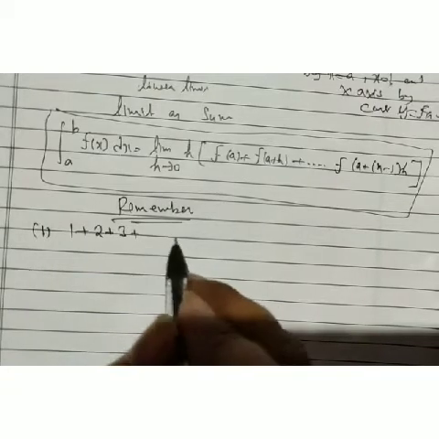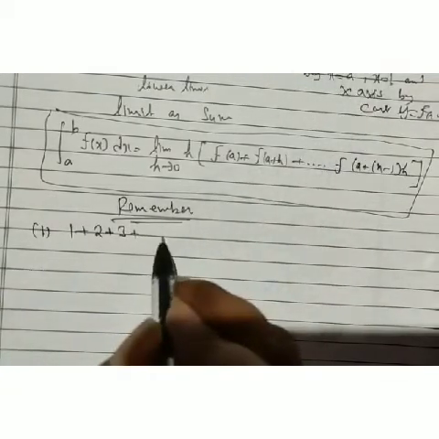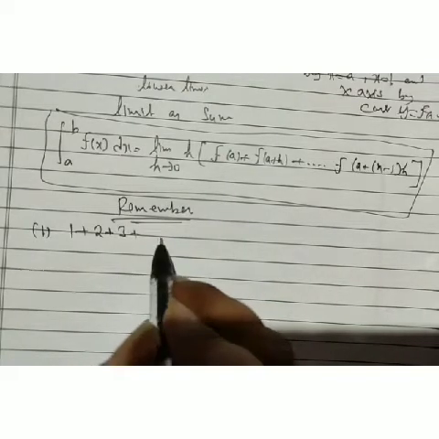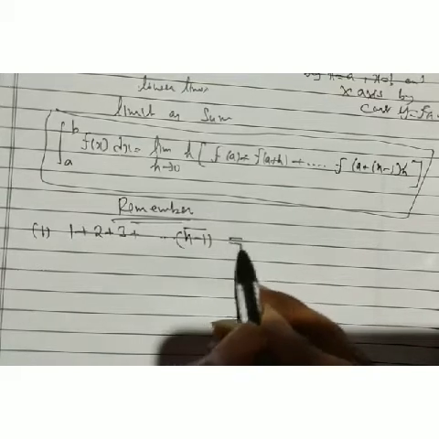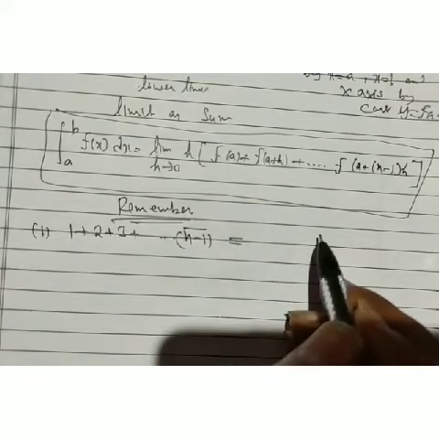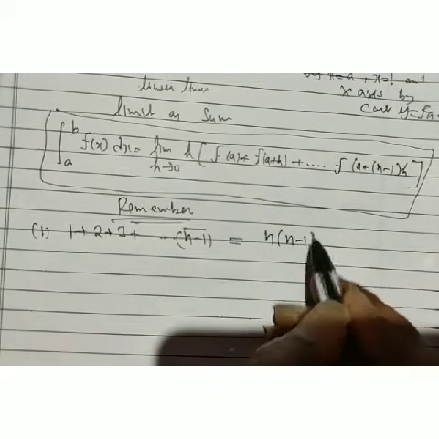We take n minus 1 here because our spaces are defined between n minus 1 points. The sum of 1 plus 2 plus 3 up to n minus 1 is given by n times n plus 1 by 2, but our last point is n minus 1. Then our sum is n minus 1 times n by 2.